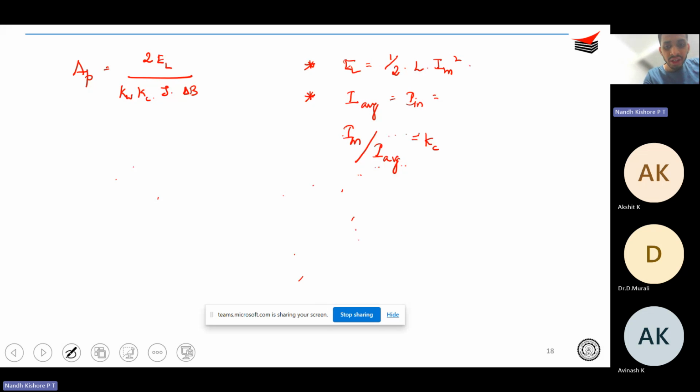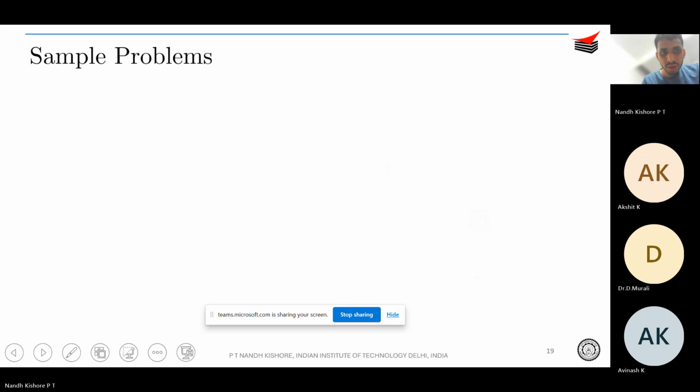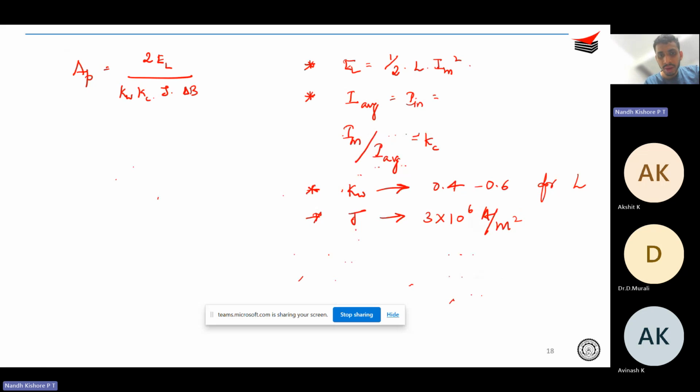The next thing you need to know is Kw, the winding factor, chosen between 0.4 to 0.6 for inductors and 0.2 to 0.4 for transformers. For inductors you choose between 0.4 and 0.6. The current density is typically chosen to be 3 into 10 power 6 ampere per meter square. For a boost converter, delta B is just Bm.